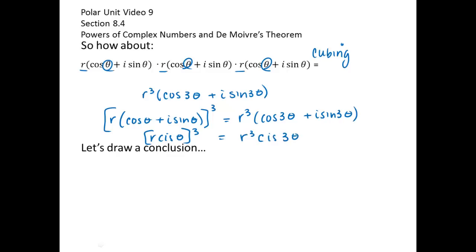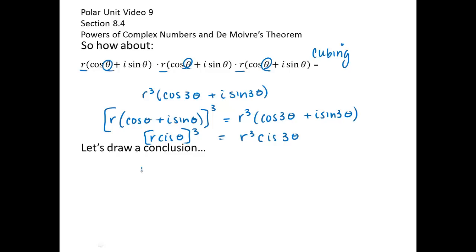So what if I applied any exponent? Suppose the exponent n. Okay, it looks to me as though when I'm applying the cube, here the exponent, I cube the r value and I multiply my theta by the number that I've got.